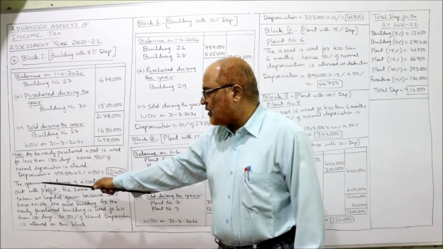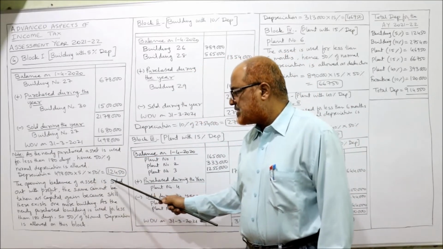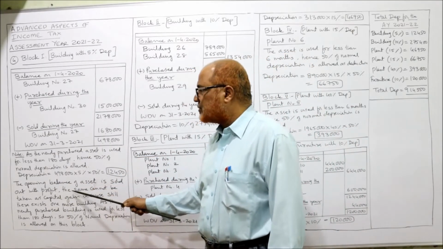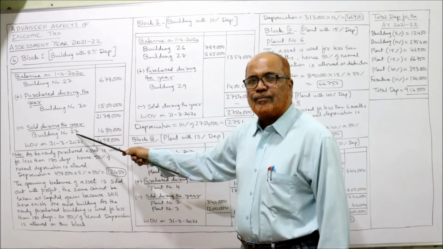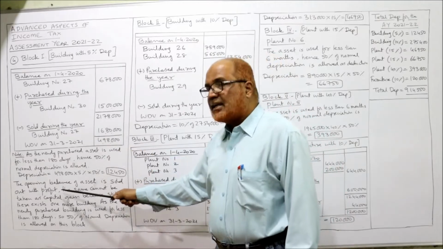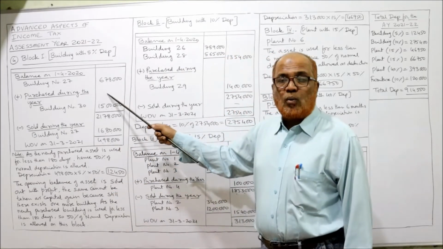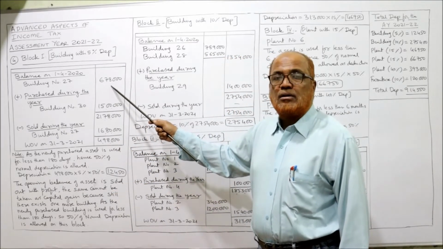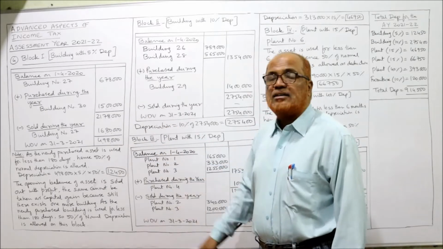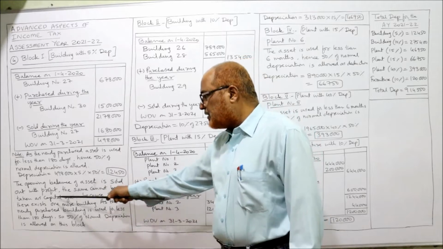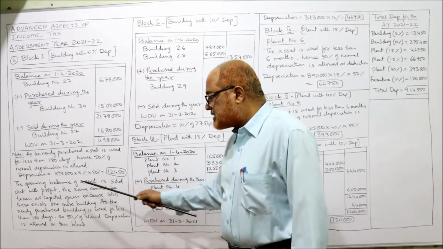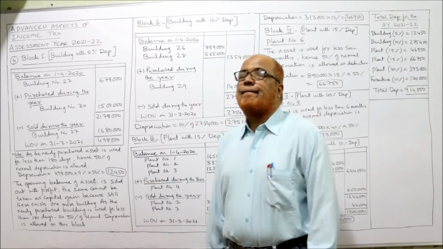Now you have to remember the point. The opening balance of asset is sold out with profit. Opening balance of asset 27, and this 27 is sold out, resulting in profit, because book value is 6,78,000, but it is sold for 16,80,000. There's a profit. The same cannot be treated as capital gain because still there exists one more building.